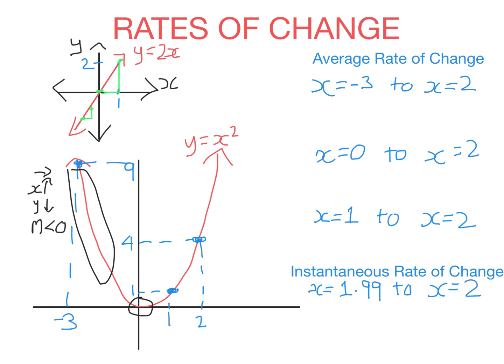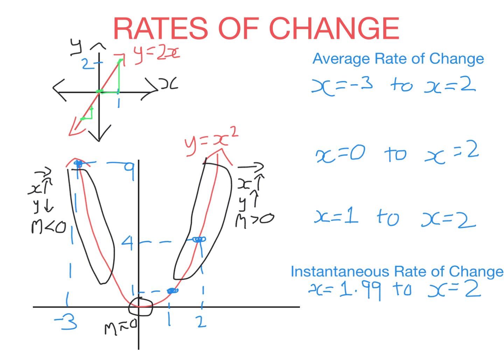Around here, it's very flat, it's almost horizontal. So here, the gradient will be close to or equal to 0. And of course, over here in this region, as we're going across to the right, x is increasing, y is also increasing, so the gradient would be positive.